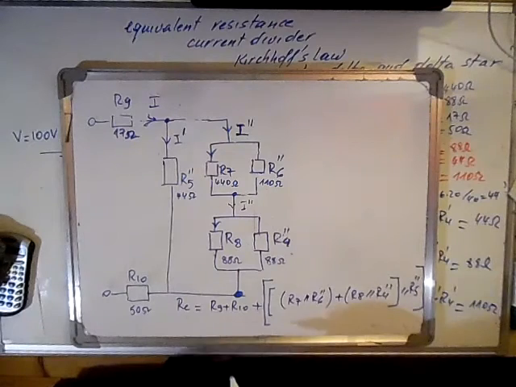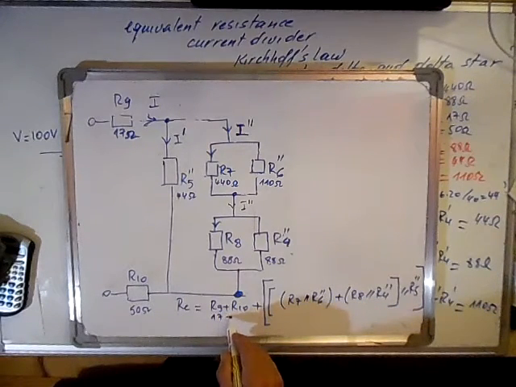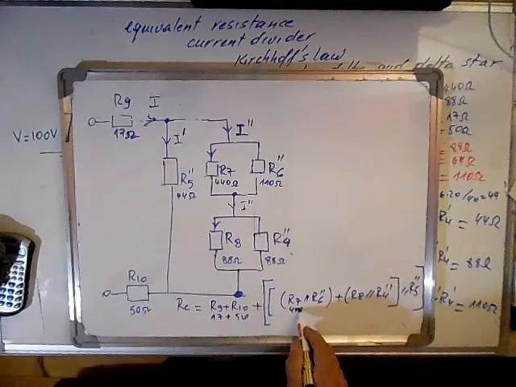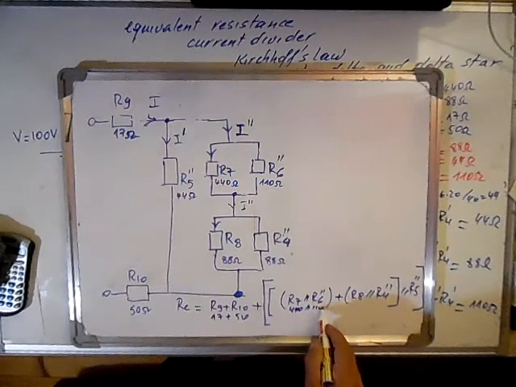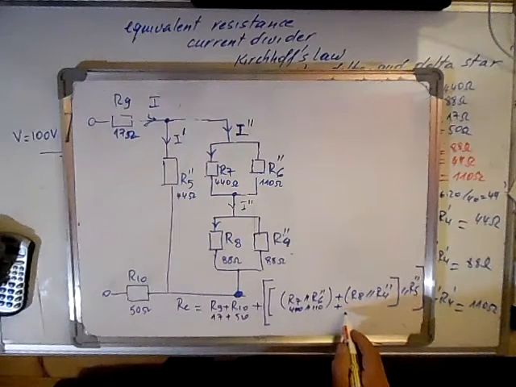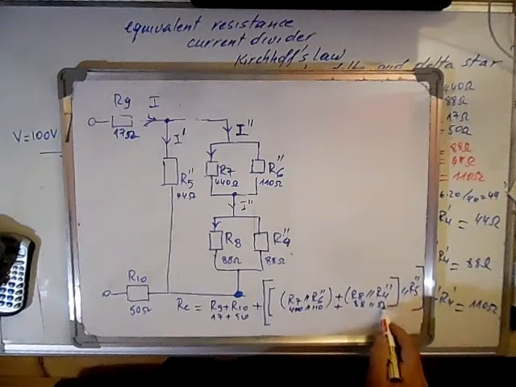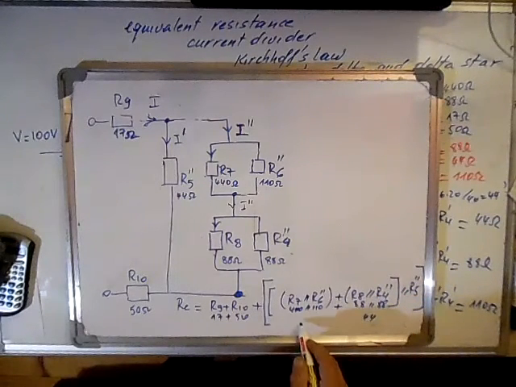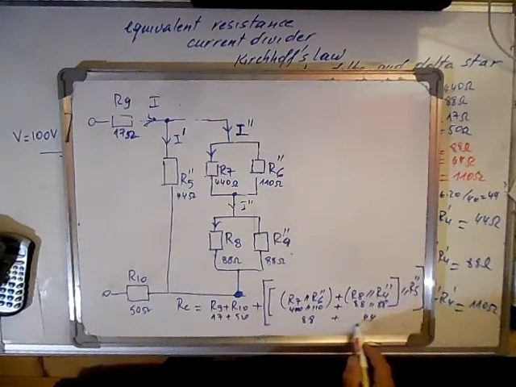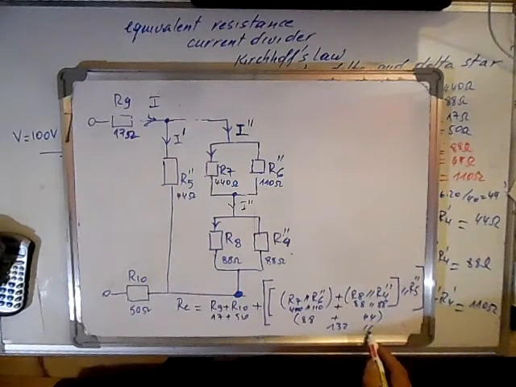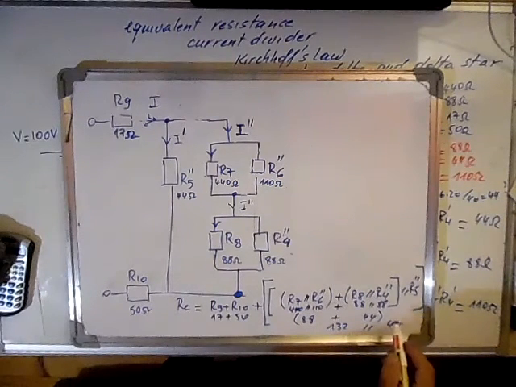So it means that here we have 17 plus 50, here we have R7 440 in parallel with 110, which is 88, and 88 in parallel with 88 will give 44 ohms, and here it will give 88 plus 44, this is 132 in parallel with 44, I think 44, that's right.